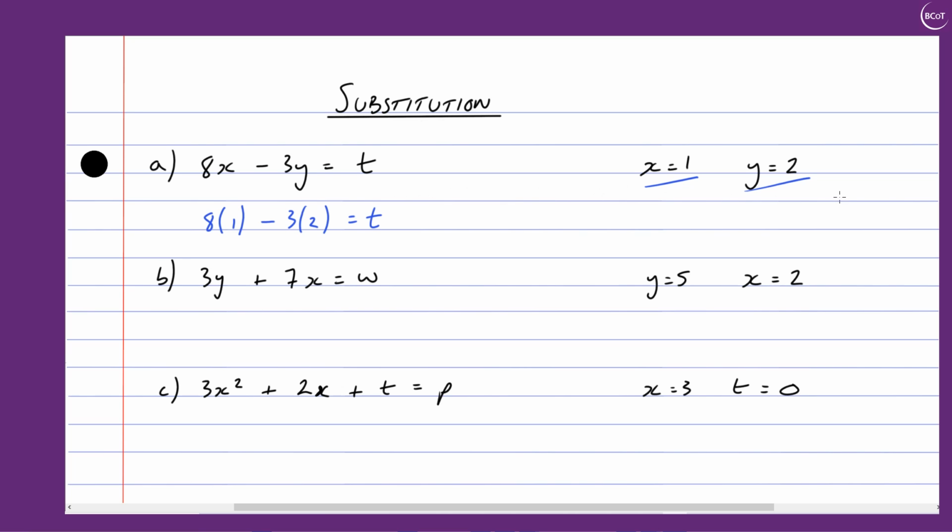And it wants us to work out what t is, and it'll tell you what it wants you to do. So that is 8 times 1 is 8, minus 3 times 2 is 6. 8 minus 6 is equal to 2. So here t equals 2.